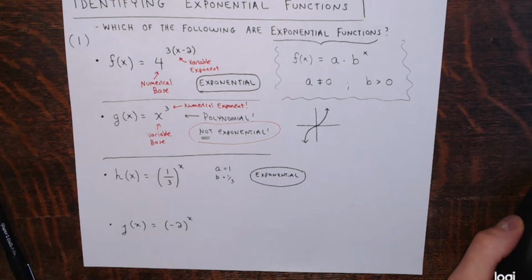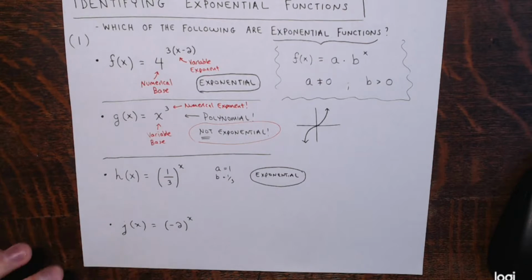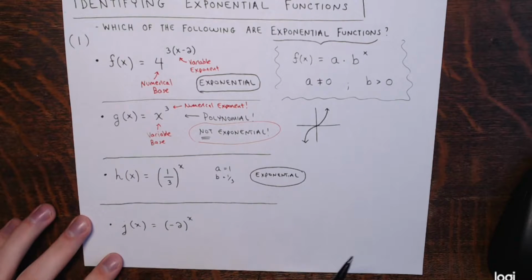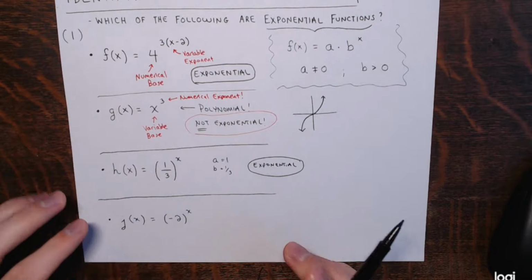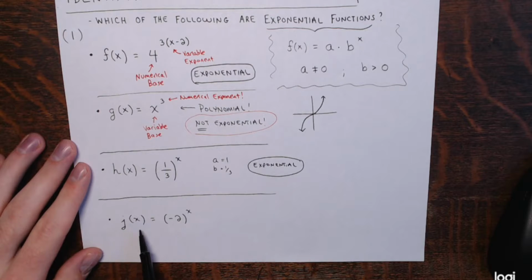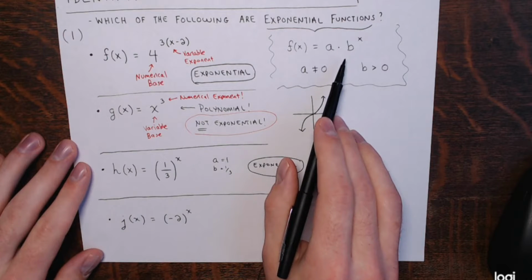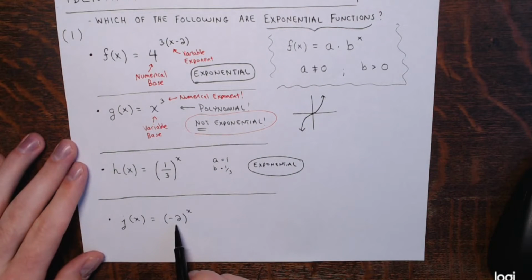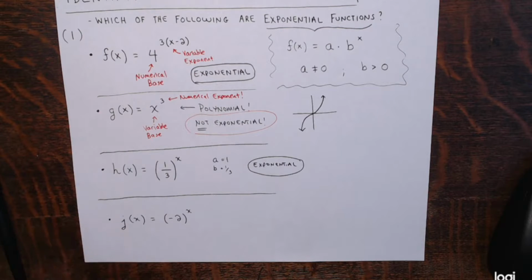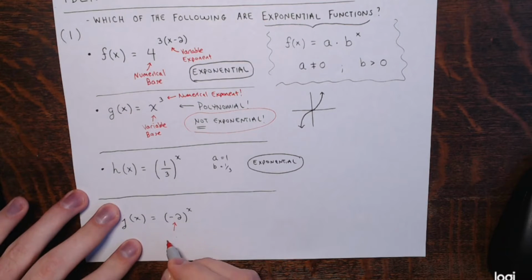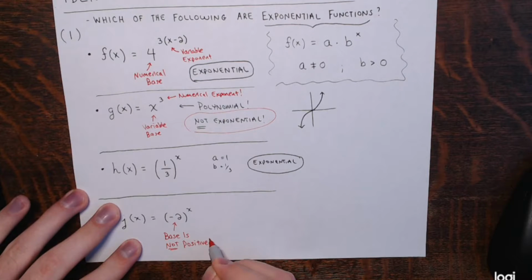Great. Now, this last example in this first part, j of x equals -2 to the x power. This has this form, but the base is not positive, and that's a problem.